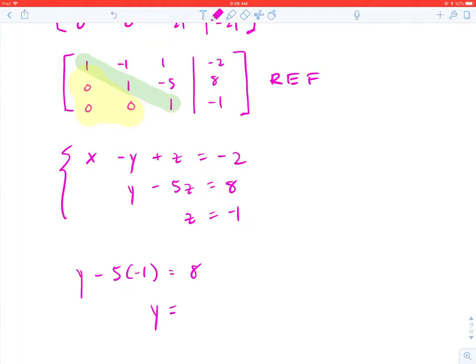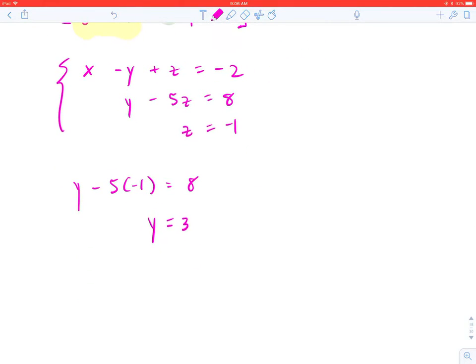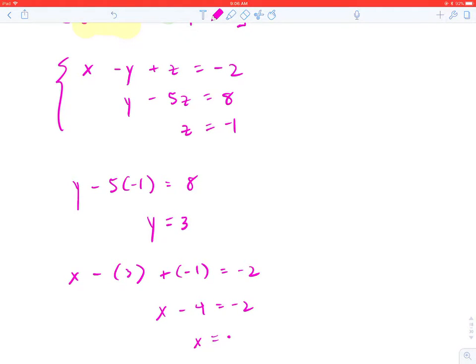Sorry, that would be positive 5. So 8 minus 5 would be 3. Okay, and then substituting our values for z and y back into the original equation, we can then solve for x. So that will be x minus 4 equals negative 2, so x equals 2.